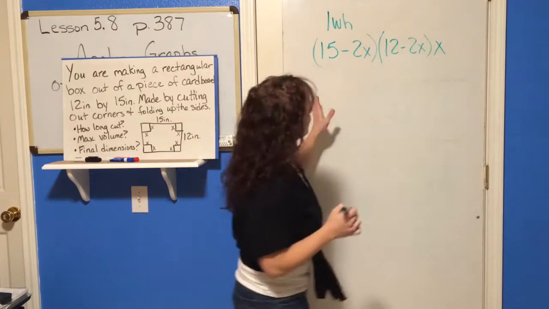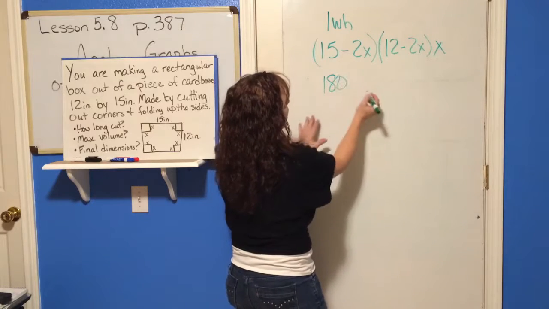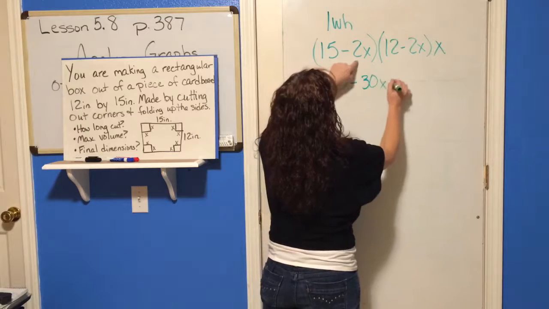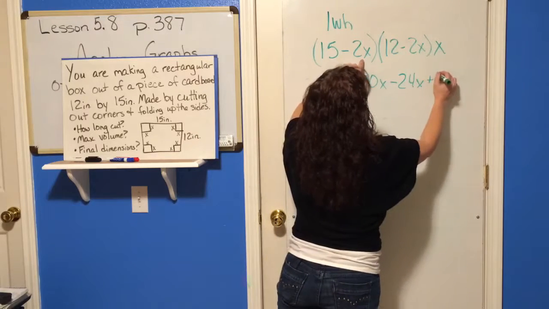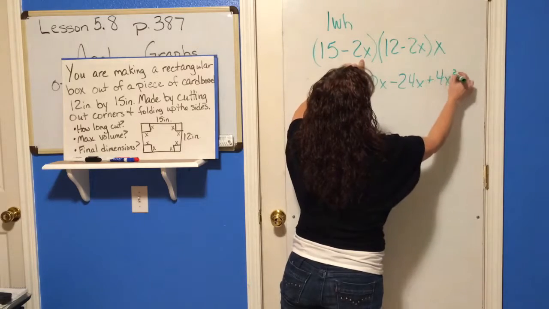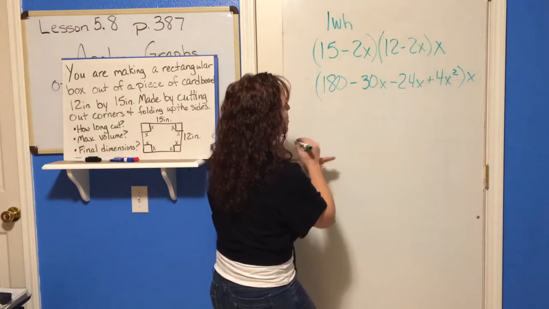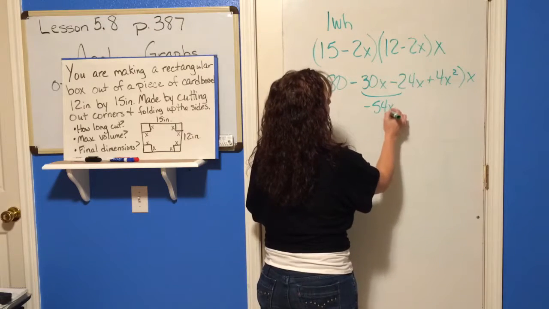So what you'll do is, you'll multiply this all through, so you get 180 minus 30x minus 24x plus 4x squared, and all of that times x. And then I'm going to flip it too. So here we go. Let's put these together. That would be a negative 54x.